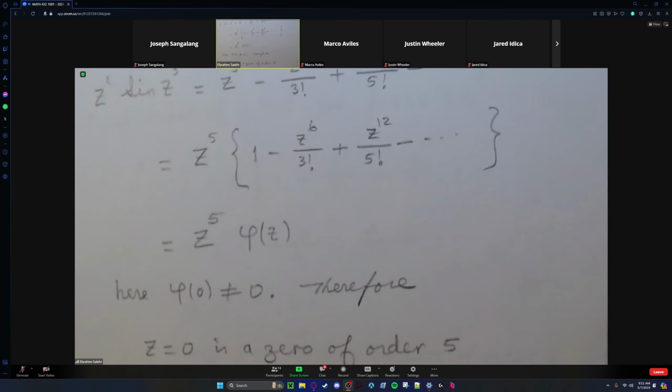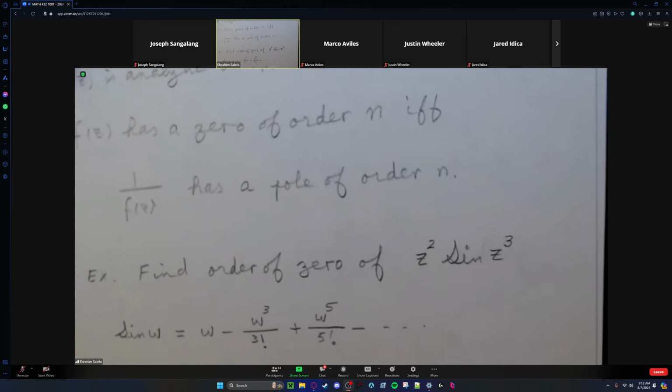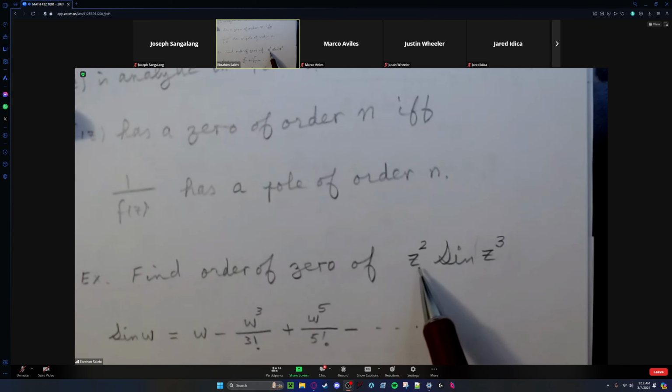So the Taylor expansion, or any expansion, will help us. And sometimes you have to do a Laurent series expansion. That's fine. They will help us find the order of zeros or order of poles. For this function, I could have 1 over z squared times this.